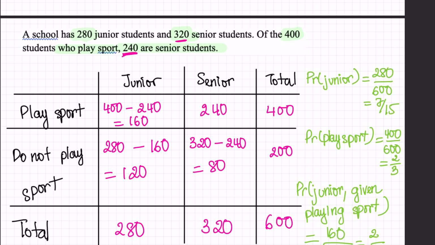So I highly recommend you distinguish the difference between them. Given that gives you the population that you care about. If they don't tell you that, go for the whole population. Alright, let's move on to one more example before we finish the lesson.